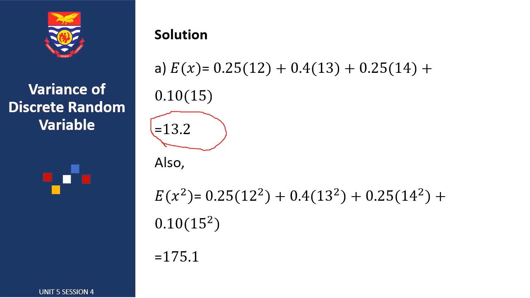Also, remember, we need to also find the expectation of x squared. So we are going to square the random variable x, that's 12 squared times 0.25 plus 13 squared times 0.45, in that order.